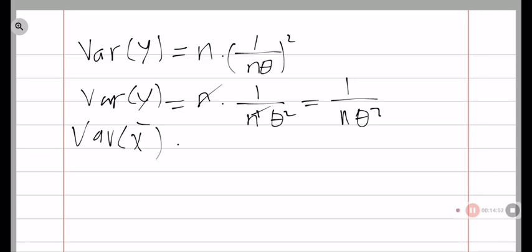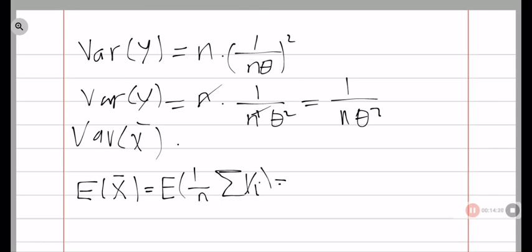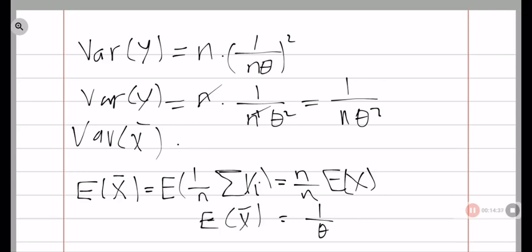We can justify that by using, let's say, the expectation of x bar, which is the expectation of 1 over n sum of xi. That will give n divided by n times the expectation of x, and the expectation of x equals 1 over theta. So we've got the expectation of x bar equal to 1 over theta, as we found on the previous page.